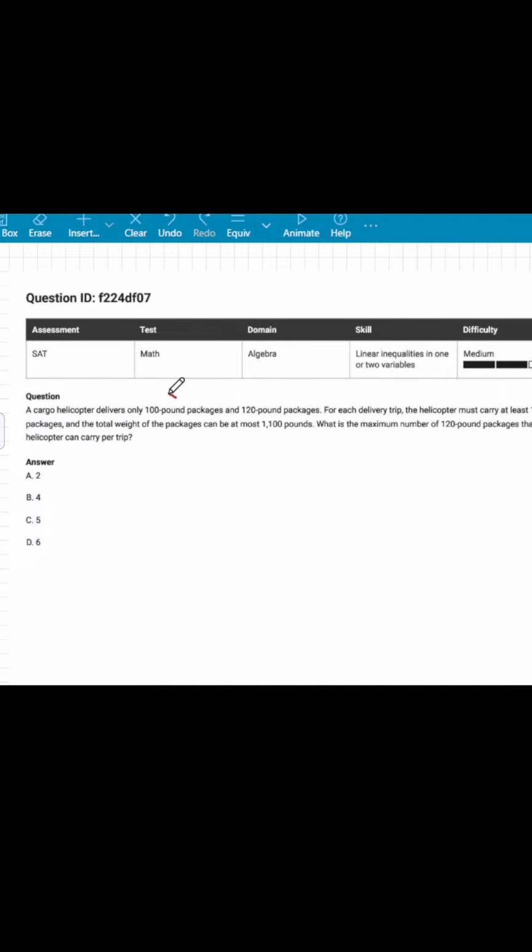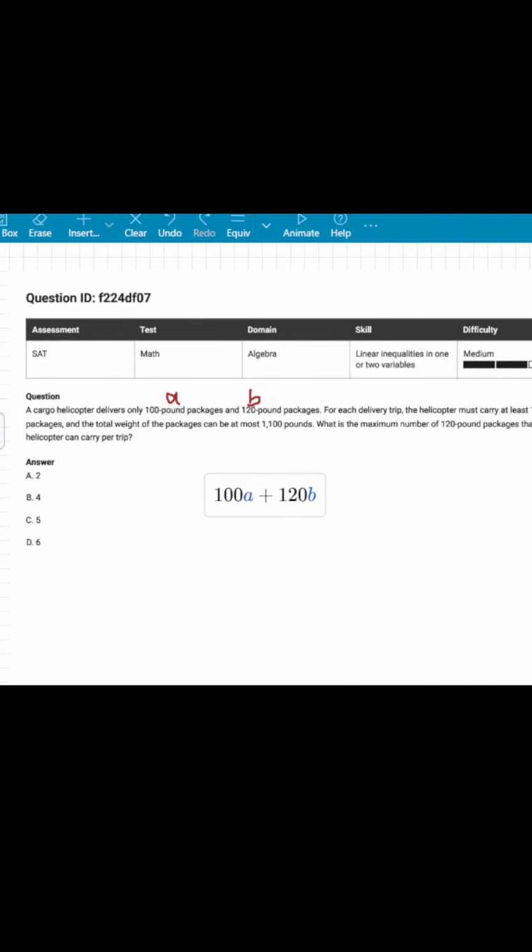So let it be A, and this is suppose B. Then in that case, the total weight of the packages will be 100A plus 120B. This will be the weight of the packages.